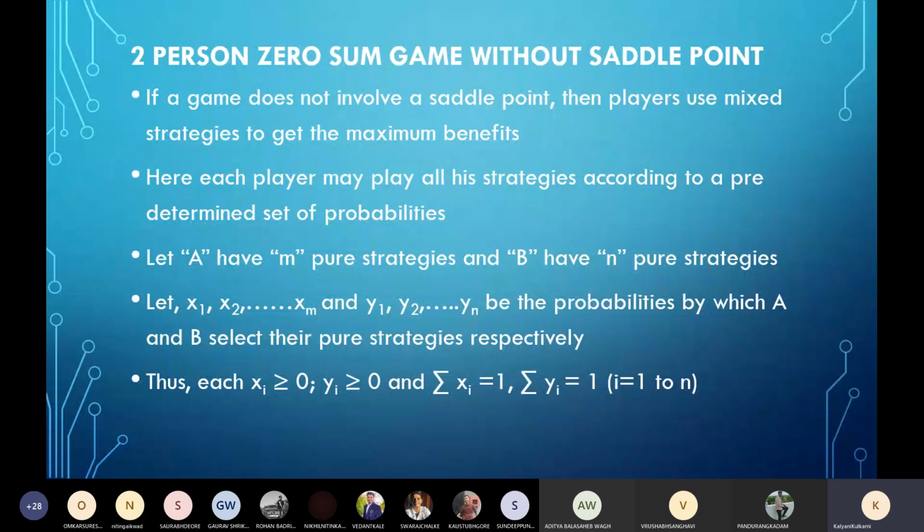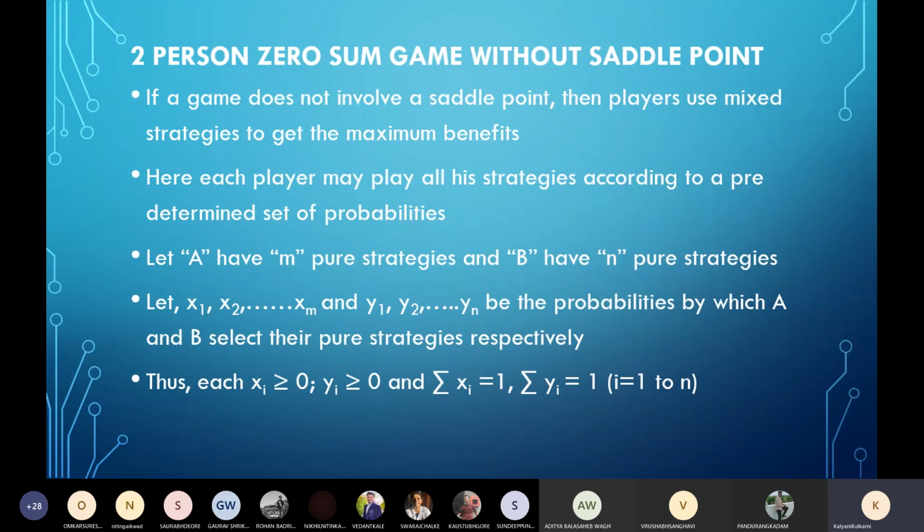Let x1, x2 up to xm and y1, y2 up to yn be the probabilities by which player A and player B select their pure strategies respectively.